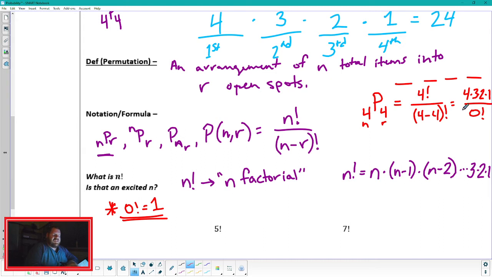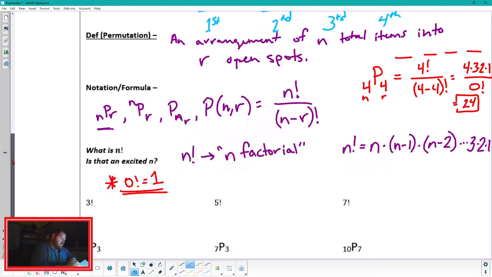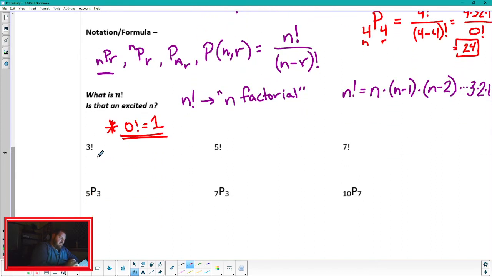So if we go back to this that we were working on, it turns out that 4 times 3 times 2 times 1 is 24, and divided by 1 just ends up with 24. So we didn't really do this permutation formula, but we kind of did. So let's take a look at a couple other factorials, maybe some that we haven't done yet.